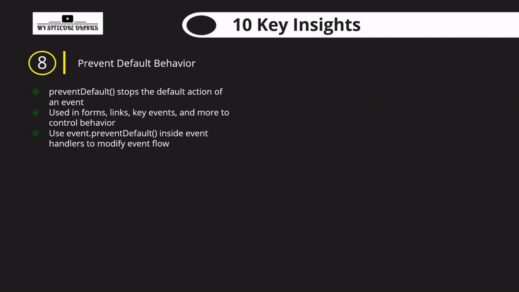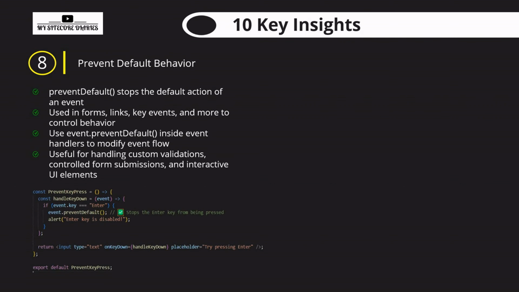To modify event flow, use event.preventDefault inside an event handler. This is useful for custom form validations, controlling form submission, and interactive UI elements. If you take an example here, the handleKeyDown function listens for key events like onKeyDown.